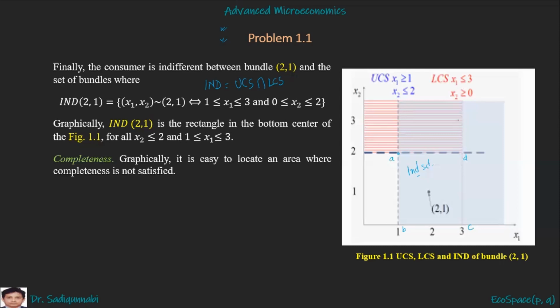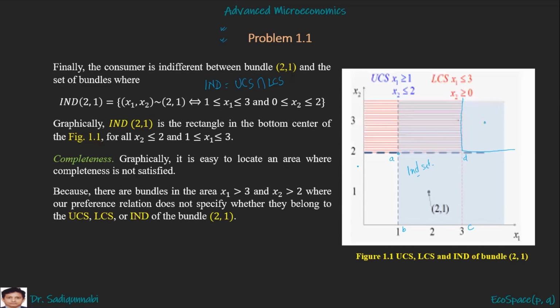So let's check completeness of this preference relation. Graphically, it is easy to see that completeness is not satisfied here. We can find an area like this, any point on this area which is not included in the upper contour set, lower contour set, or indifference set.